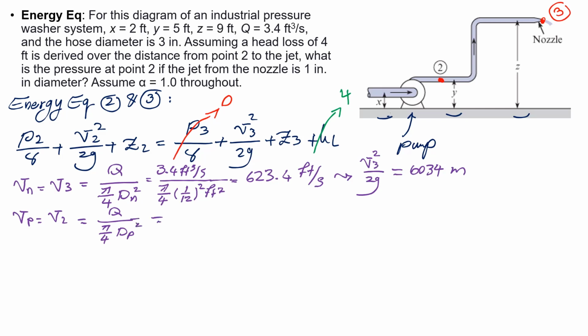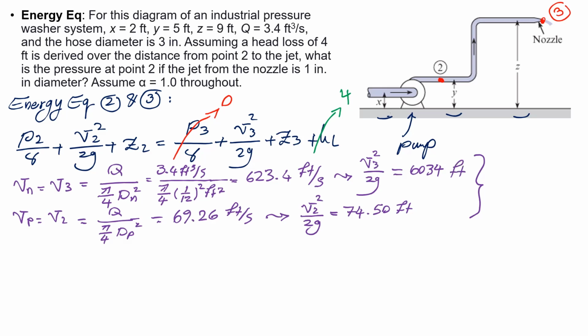When you calculate that, the velocity would be equal to 69.26 feet per second, and velocity 2 to the power 2 divided by 2g will be equal to 74.50 feet.